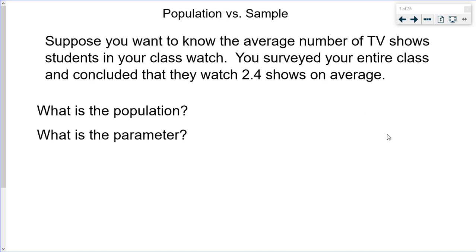All right. So first, suppose you want to know the average number of TV shows students in your class watch. You surveyed your entire class and concluded that they watch 2.4 shows on average. Now, what a population is, like everybody, everything.